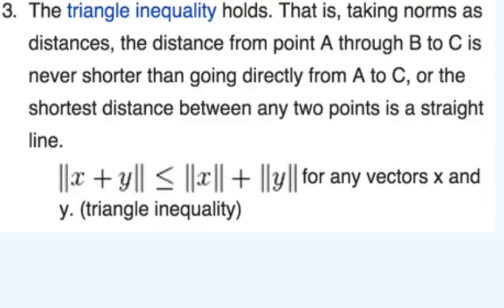This can mathematically be written as the norm of x plus y is always less than or equal to the norm of x plus the norm of y for any vectors x and y. So that's the triangle inequality.